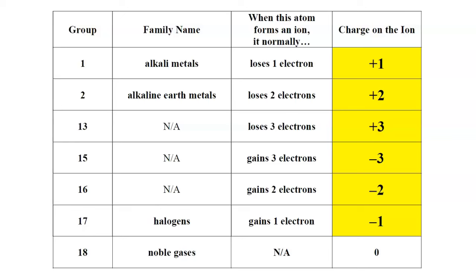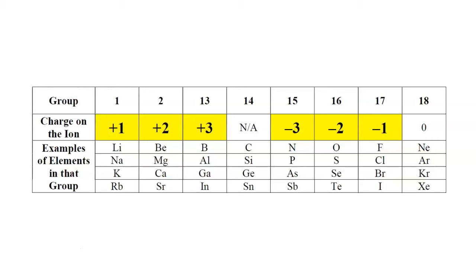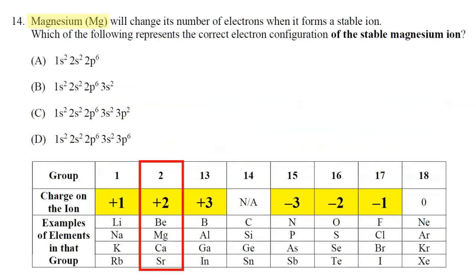So let's go determine where magnesium is located on the periodic table so we can figure out what the charge on that ion would be. So this is also a summary of that pattern of the charges on the ions. And we can see that magnesium, which is located in group 2 on the periodic table, would normally form an ion with a charge of +2. So magnesium loses 2 electrons to become an ion with a charge of +2.